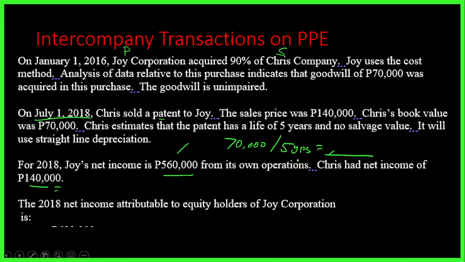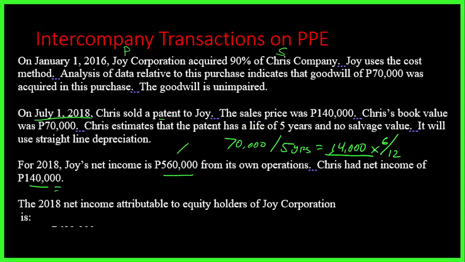Ulitin nga natin. Sana hindi ako nagkamali. Ayun, you now have 14,000. Okay. Times, ilang buwan ba yun? July to December 2018. Ayan, 6/12. Tama po, no?